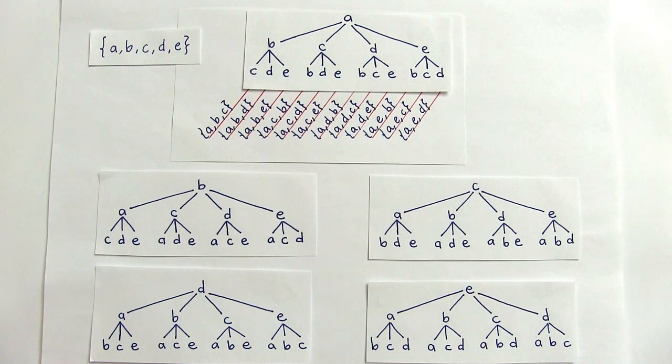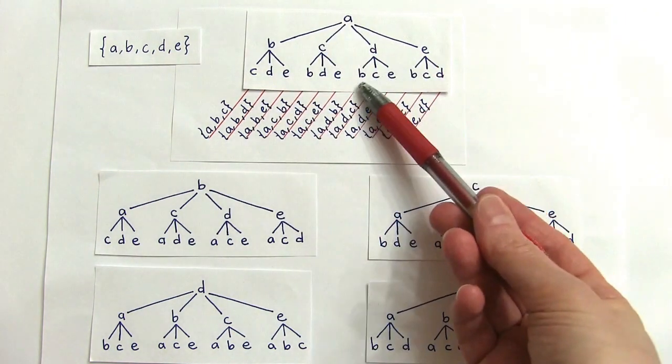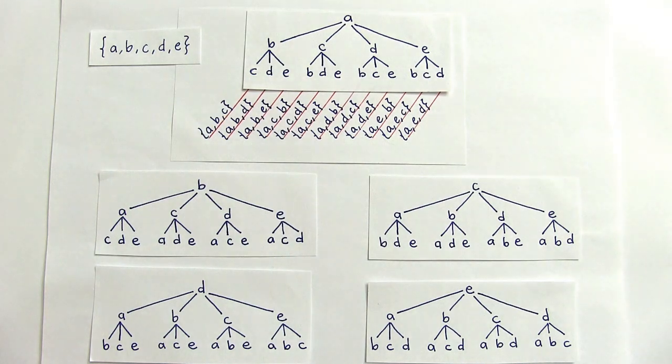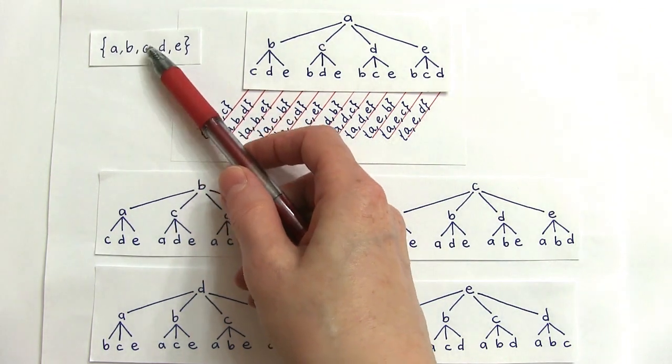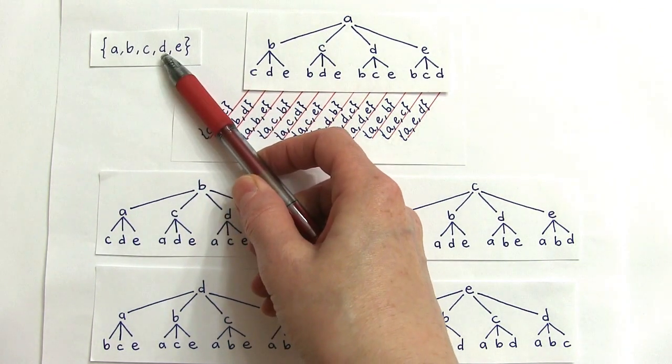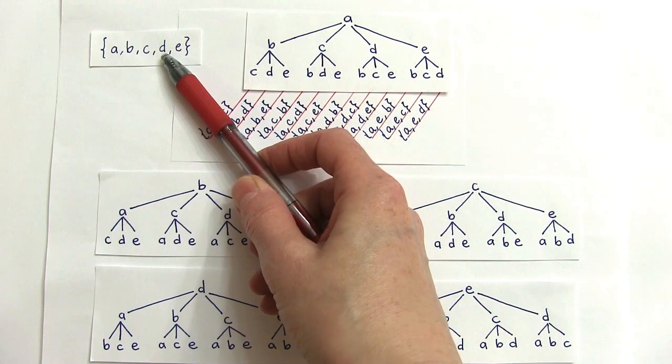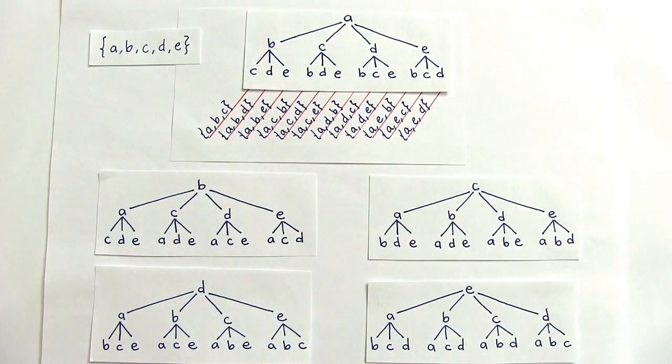Now, one way to go about solving this smaller problem is to make a tree and consider all of the possibilities, like this. So if we have a set of the 5 distinct letters A, B, C, D, and E, and we want to create all the possible subsets consisting of 3 elements, we can go about it in a methodical fashion as follows.